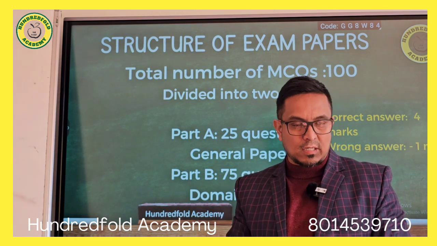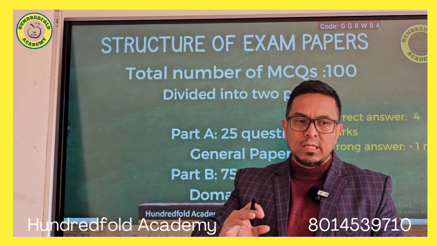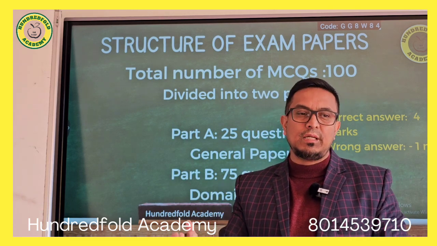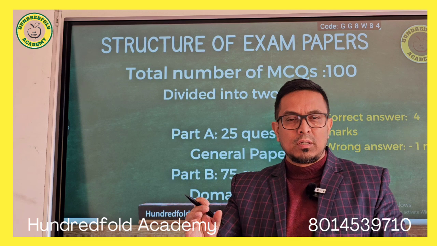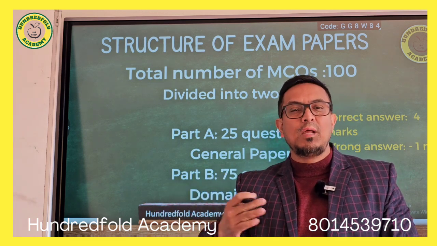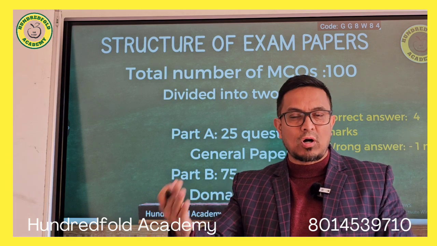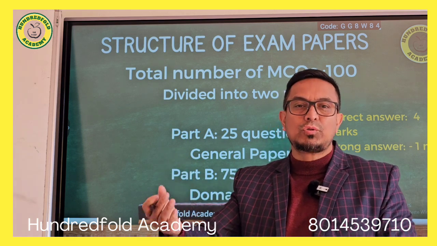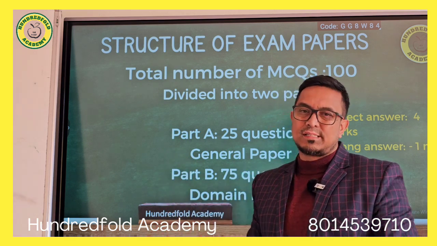Take a calculated risk: play the elimination round, remove the options you're guaranteed are wrong, and once you're down to 2, take that calculated risk a little bit.